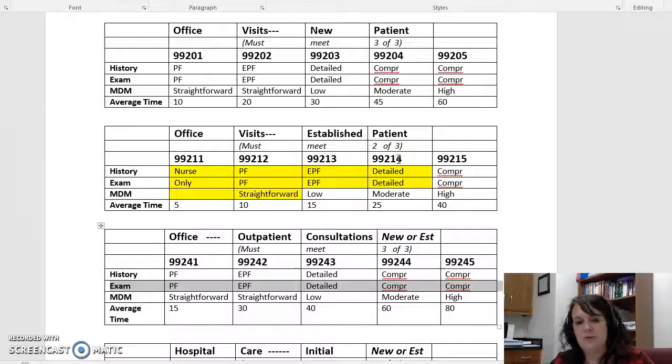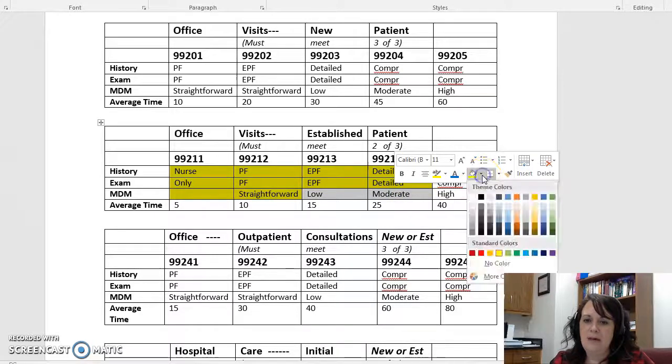Okay, as far to the right as we can get. Do I meet at 99212? Oh yeah, I meet all 3 at 99212. But I met and exceeded. Does that make sense? If I need to meet 2 of 3 key components, fill in my boxes and see where I can get, right, to the highest specificity. So 99214 would be my answer.